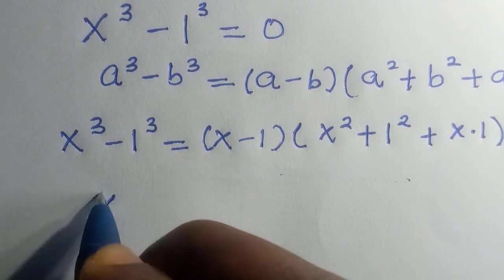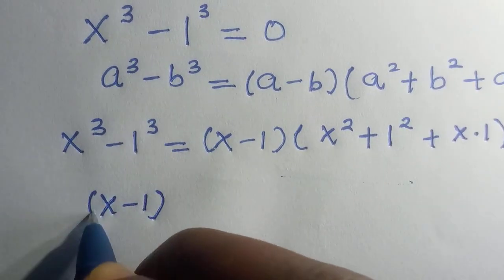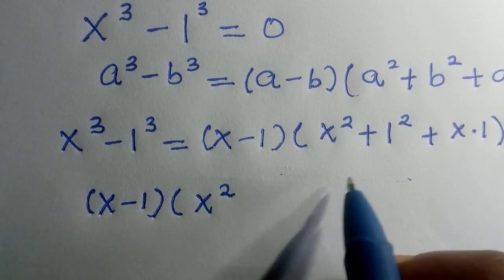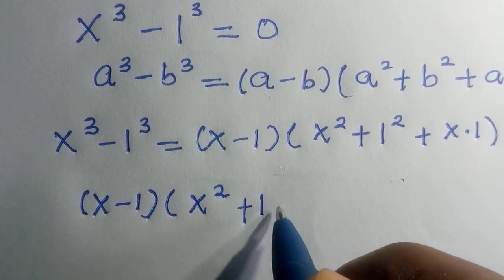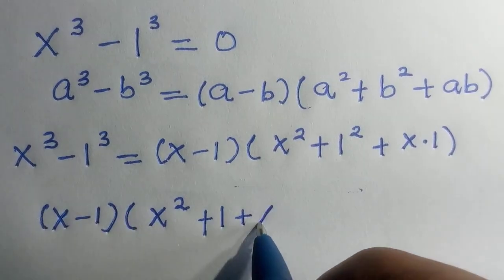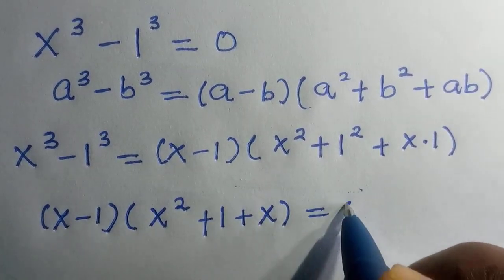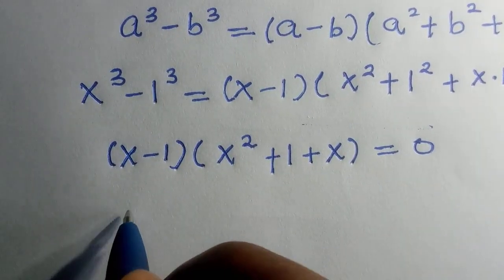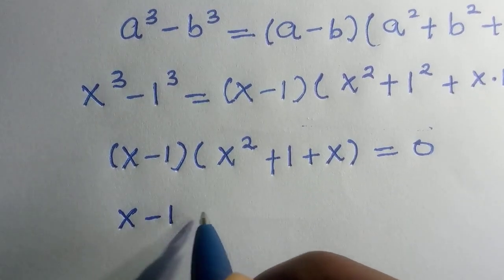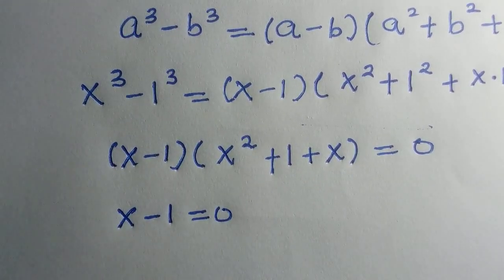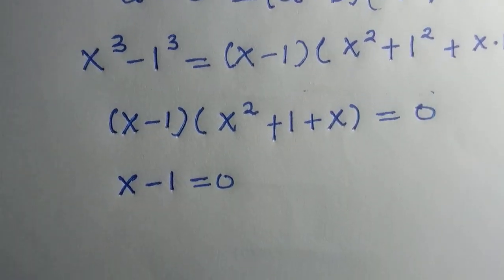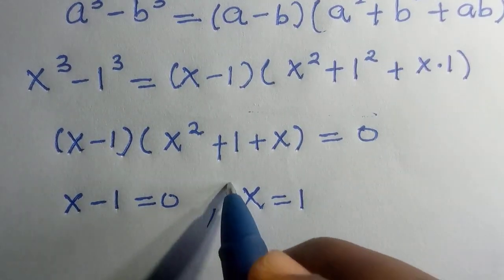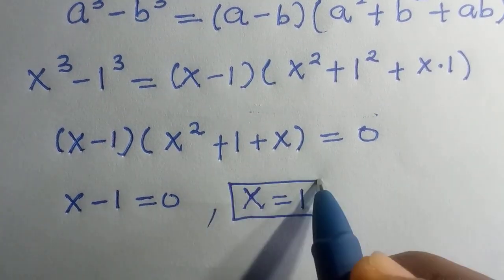So we have x minus 1, open bracket, x squared plus 1 squared, which is 1, plus x multiplied by 1, which is x, everything equals 0. To get the first value of x, we say x minus 1 equals 0, and with this we have x equals 1, as gotten above.